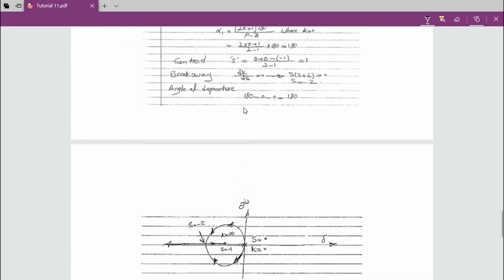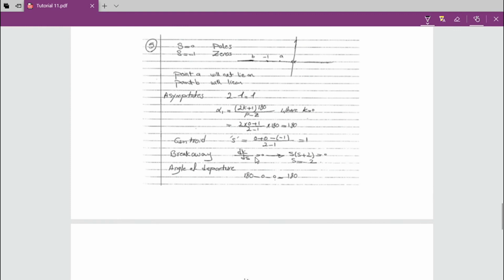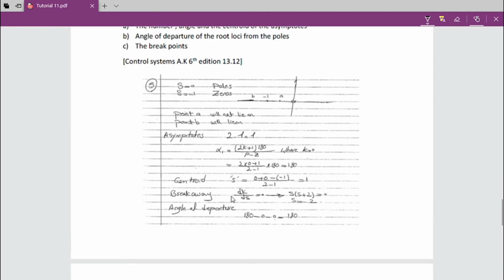Once you do that, you'll be getting s into s plus 2, right, and then to find the breakaway point you have to equate it to 0, so that will give you a minimum or maximum. If you do that, you'll have two values for s: s is equal to 0 and s is equal to minus 2.